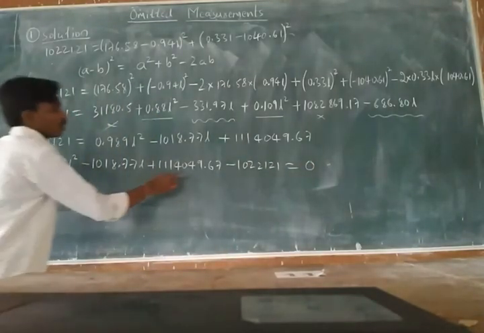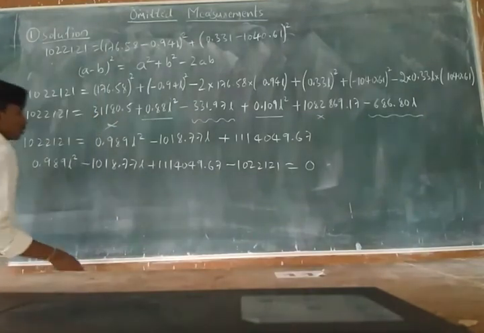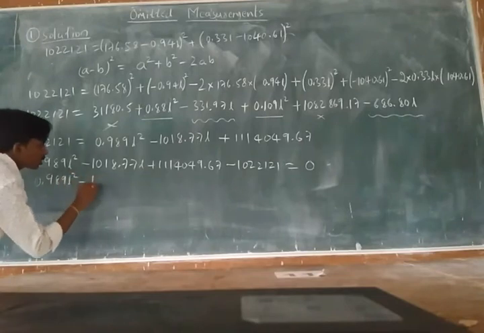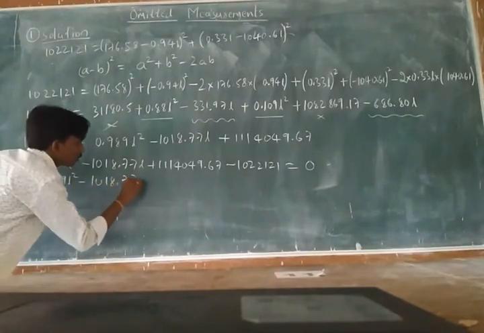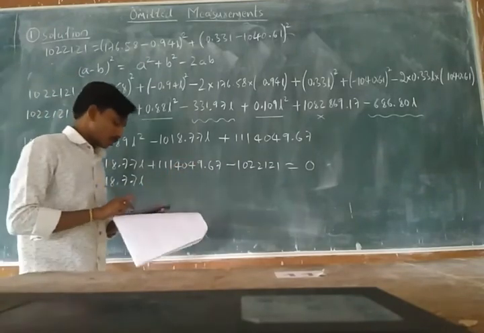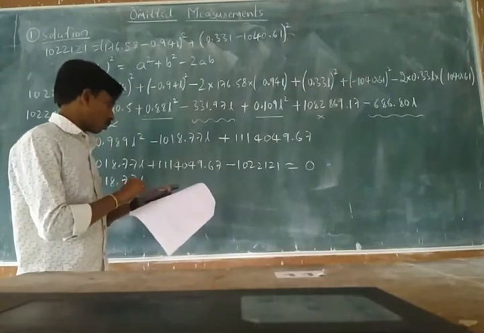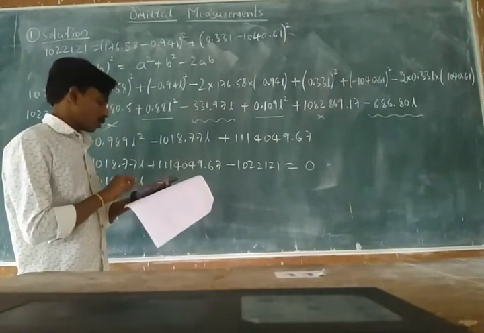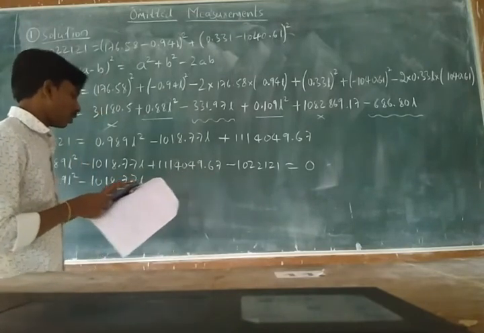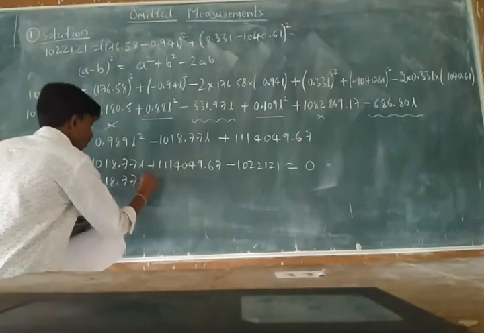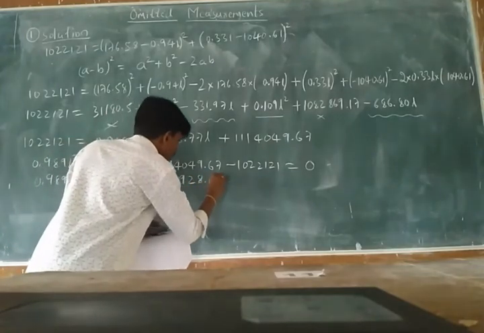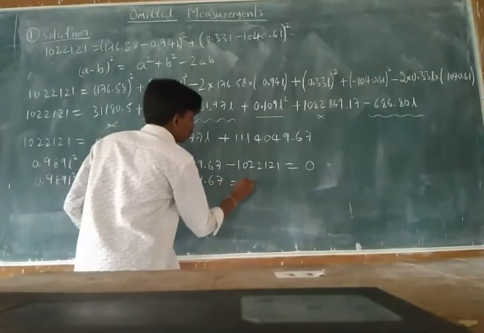Now just take the difference of these two. Write these as it is, 0.989 L square minus 1018.77 L. So take the difference, that is 114049.67 minus 1022.121. So that will become 91928.67. It is a positive value, 91928.67, and that is equal to 0.